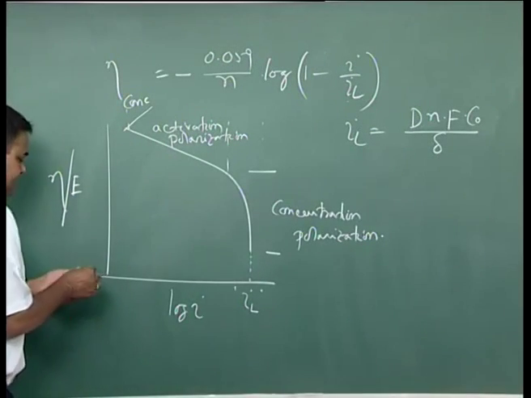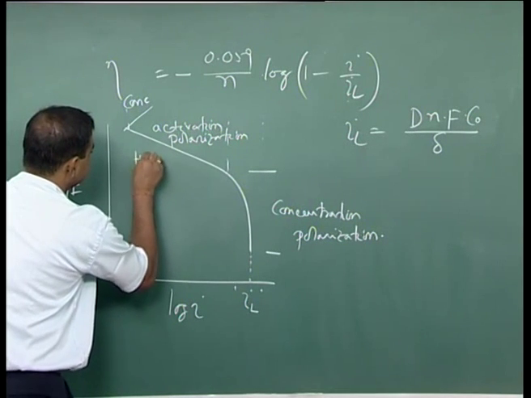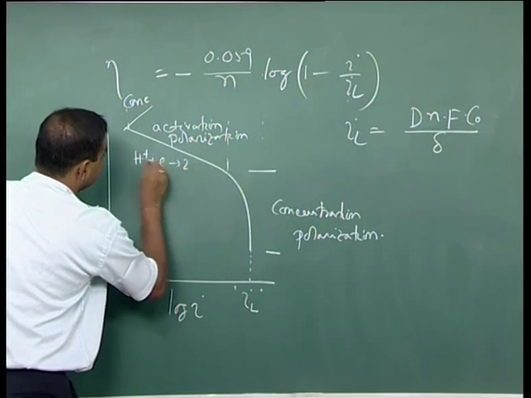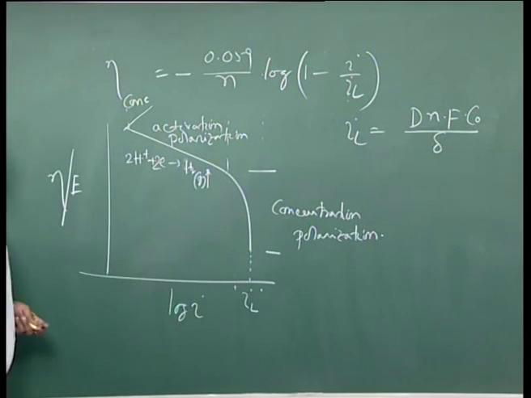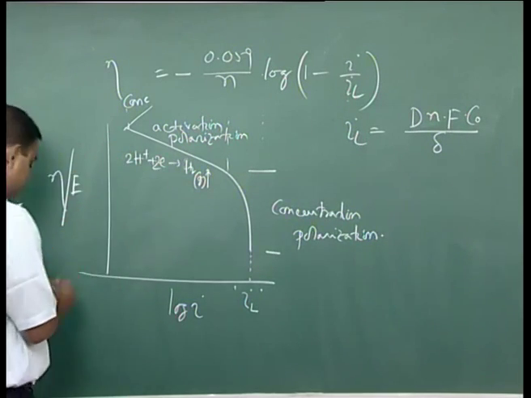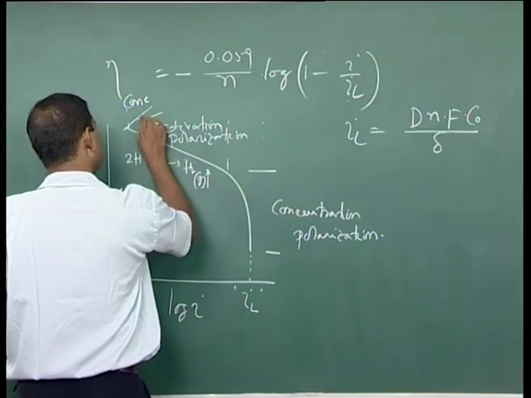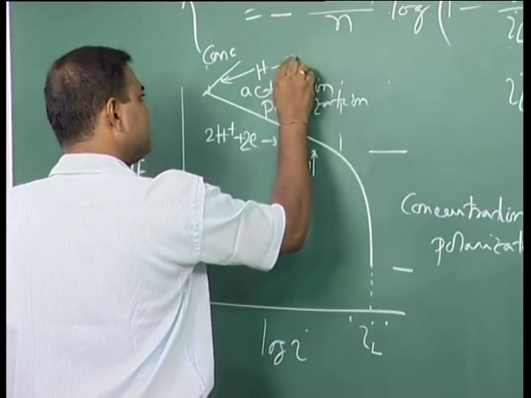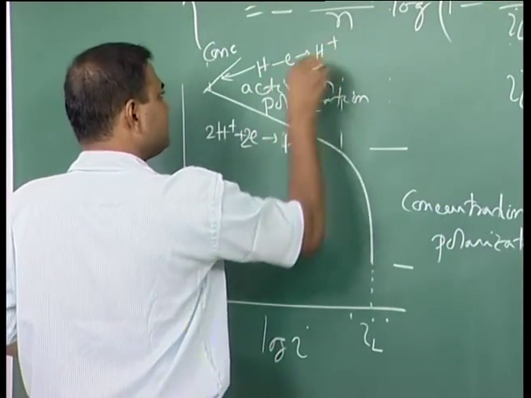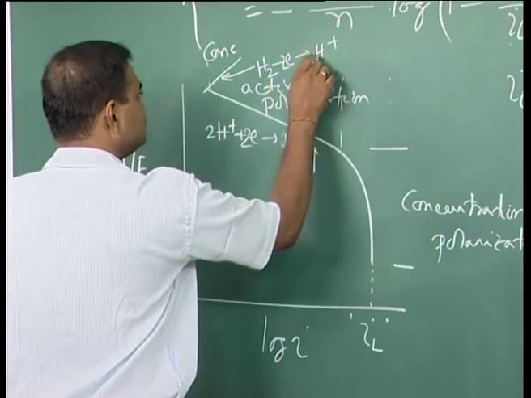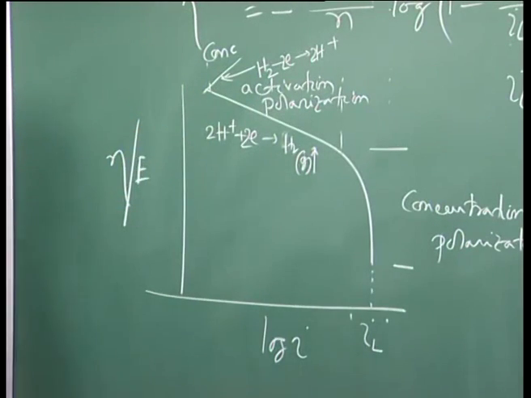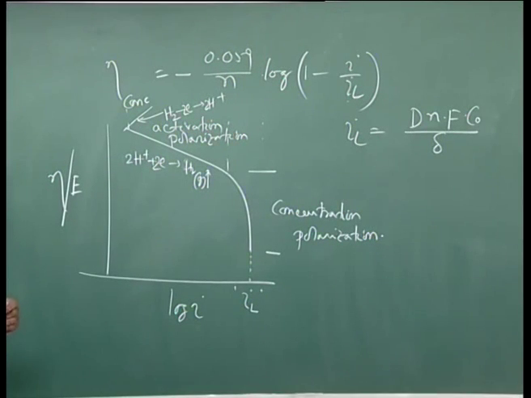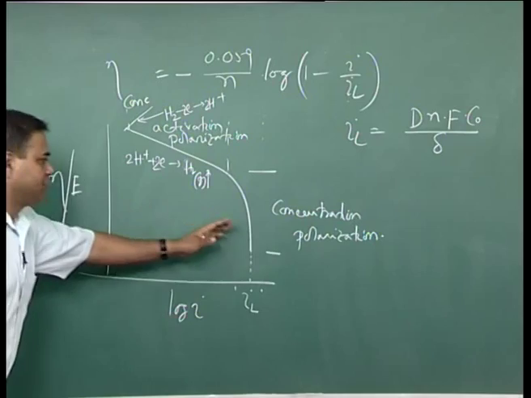This is my activation, H+ + e → H2 gas, and this part is H2 → 2H+ + 2e. This is my anodic polarization, this is my cathodic polarization, and we are considering only the cathodic polarization side, because we have seen that concentration polarization is much more effective on the cathodic side.